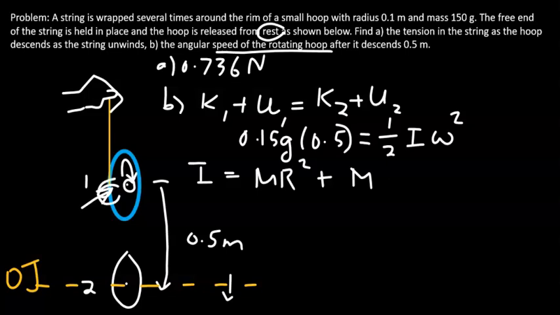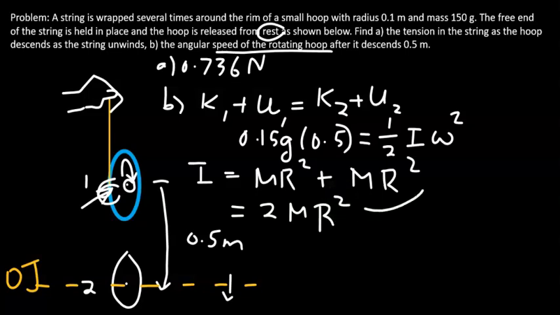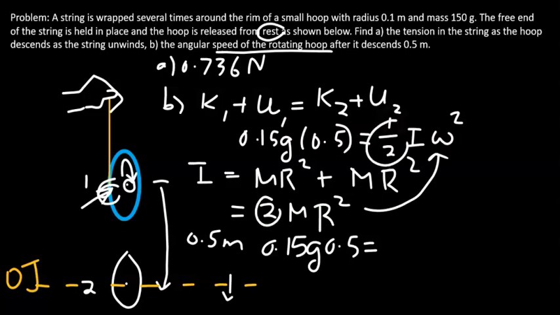In this case that distance is r, so r squared. R is the radius of the hoop, so together it is 2mr squared. Placing this information in here, we get 0.15, that is the mass, times g times 0.5 equals half times 2 is 1, m again is 0.15, r squared, omega squared. So you see the 0.15, the mass, will just get cancelled.